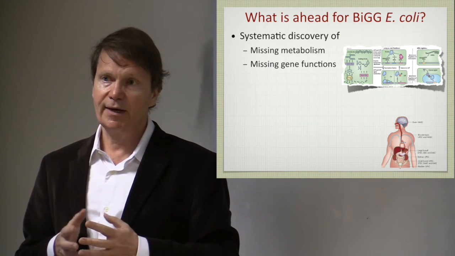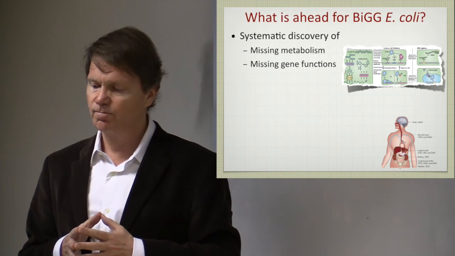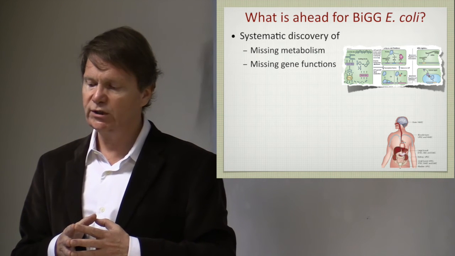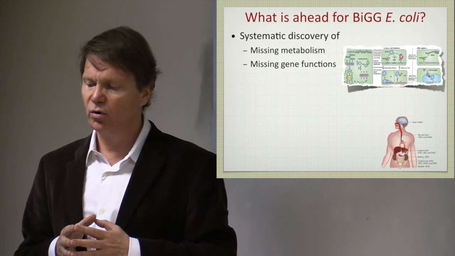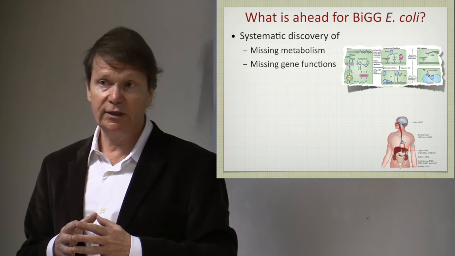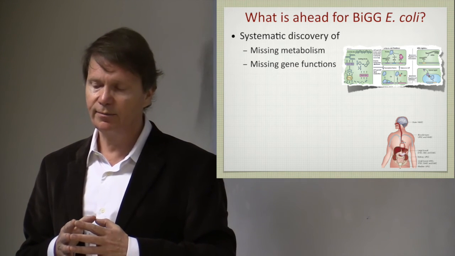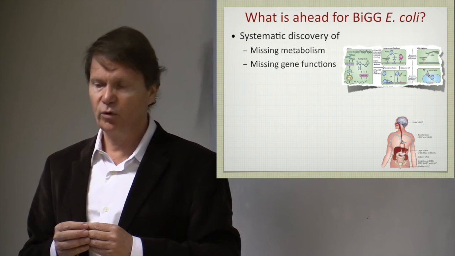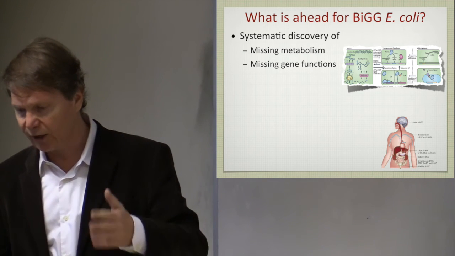That is now a systematic process. And this is focusing not so much anymore on big pathways that are missing, but enzyme promiscuity, this notion of background metabolism, and a few other issues like that, kind of a cleanup operation.